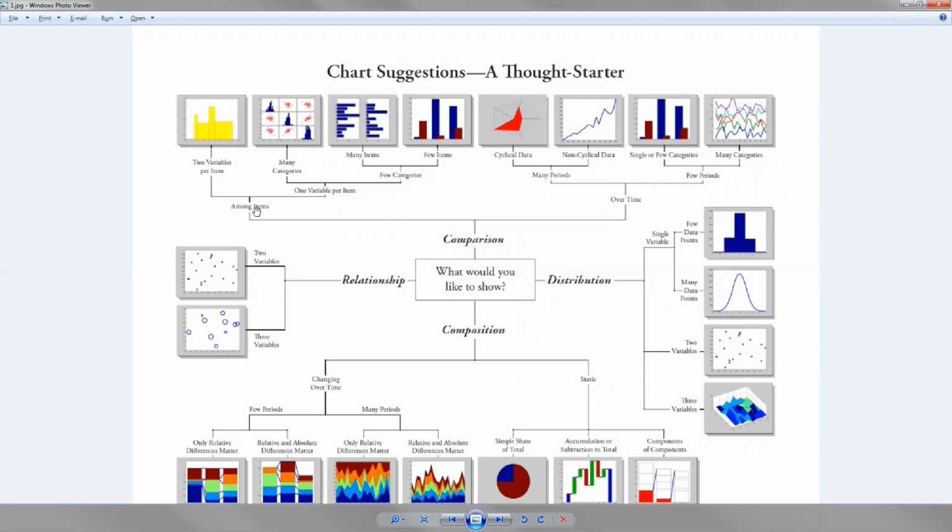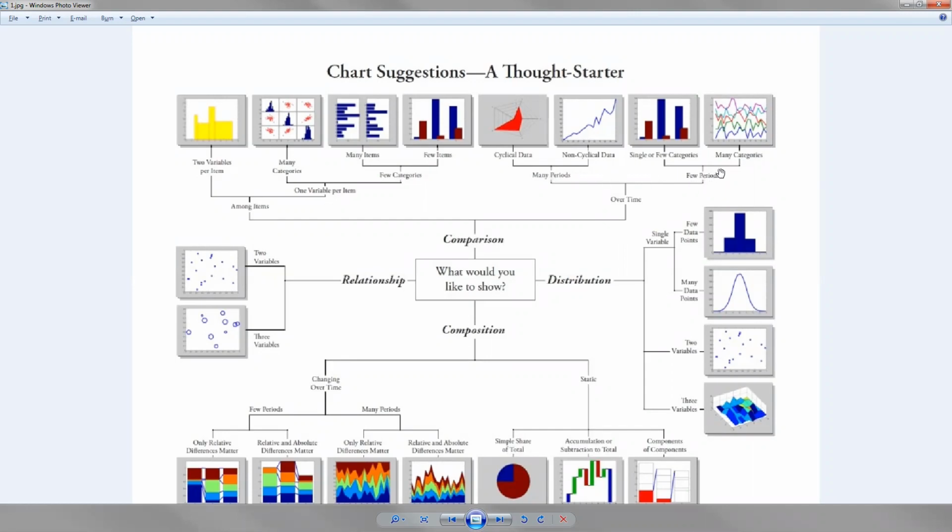So we'll compare across companies, not across time. So these are the broad types of comparisons that can happen. One is over time comparisons, and the other is just among the items, category comparisons.